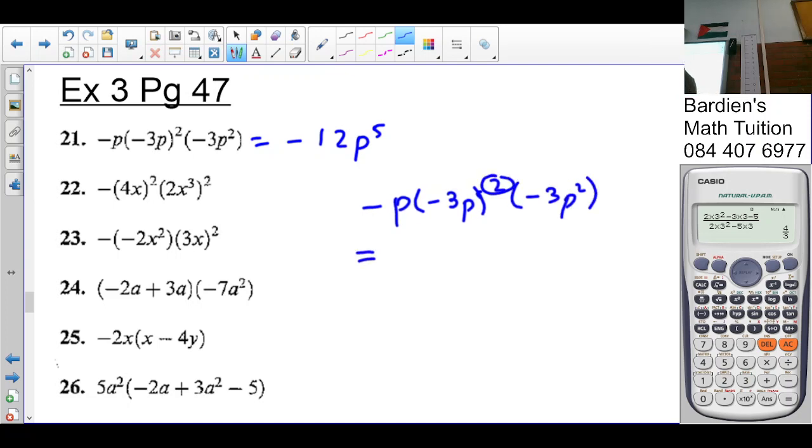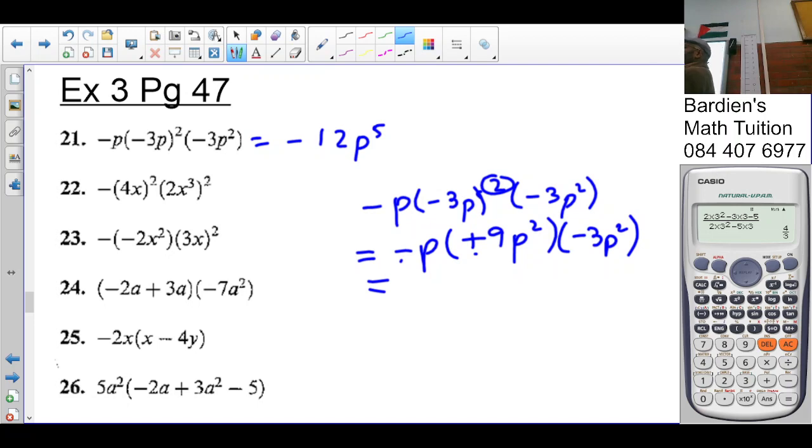So that must be applied first. So it's negative p into negative squared, positive 3 squared, 9p squared into negative 3p squared. So positive times negative is negative times negative is positive. 3 times 9 is 27. P times p squared, p cubed times p squared, p5. So that is 27 p5.